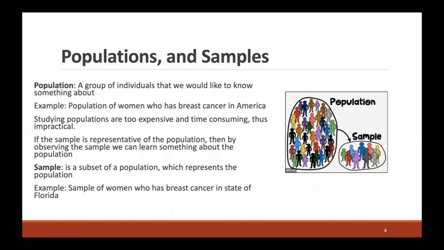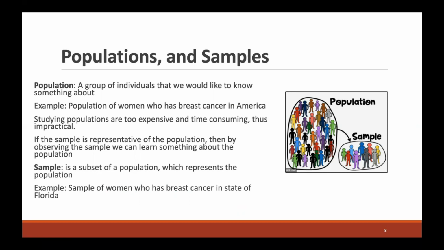The problem is the population is too large or too big. We cannot access all the data points or all the participants, patients in the population. Population is a group of individuals that we would like to know something about. But the problem is collecting data for the total population is very time consuming and so costly. So it's not feasible in practice.